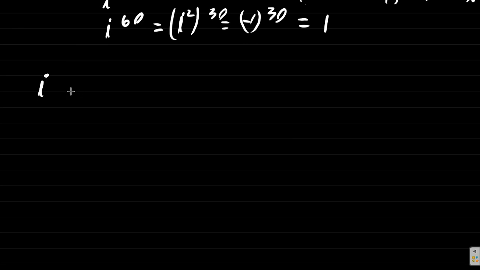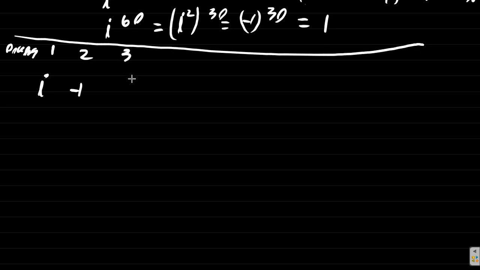When you square i, you get negative 1. i cubed is i times i squared, which is negative 1 times i, which is negative i.